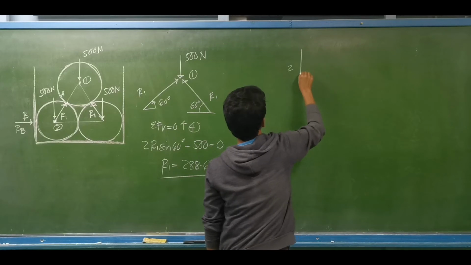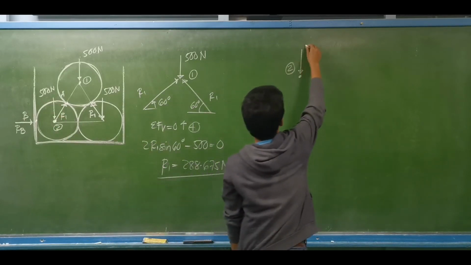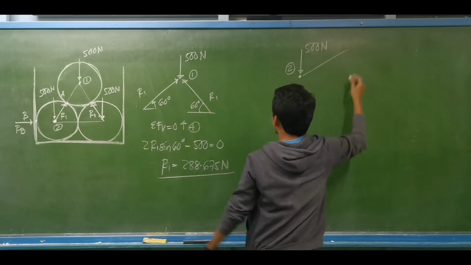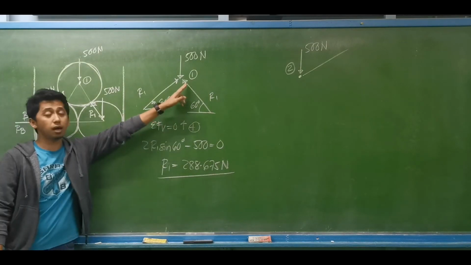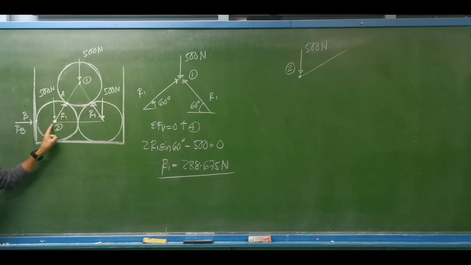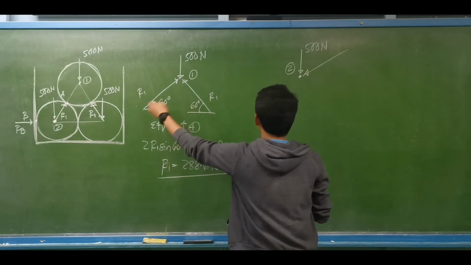We have the weight of the cylinder, which at point number 2 is equal to 500 newtons. We have R1 passing through point 2. Our assumption at point 1 was upward, so moving to point 2, we should assume it downward. I take the opposite direction this time.